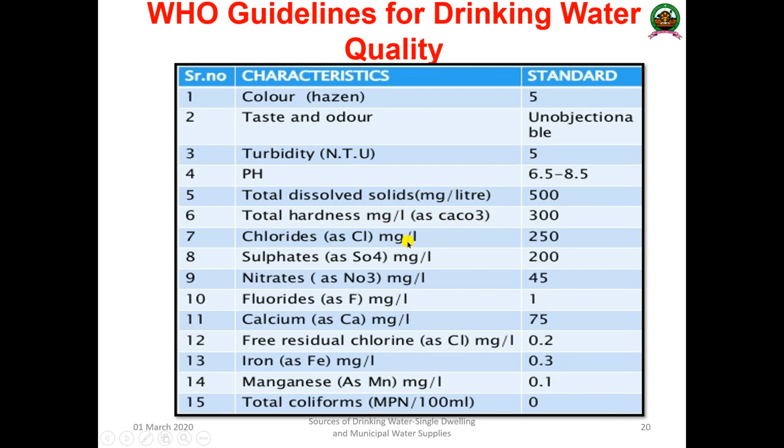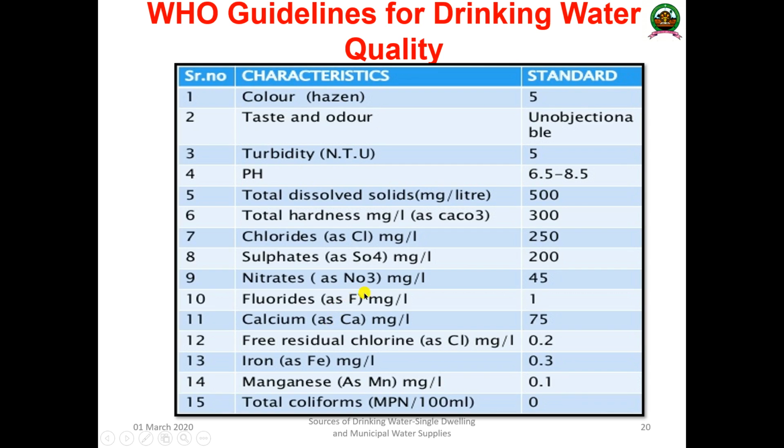Total hardness in milligram per liter as calcium carbonate is 300. The chlorides, in milligram per liter, is 250. The sulfate, mg per liter, 200. Nitrates, as nitrate, mg per liter, is 45. Fluoride as fluorine, mg per liter, 1.